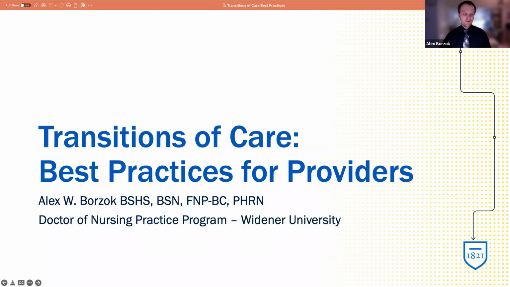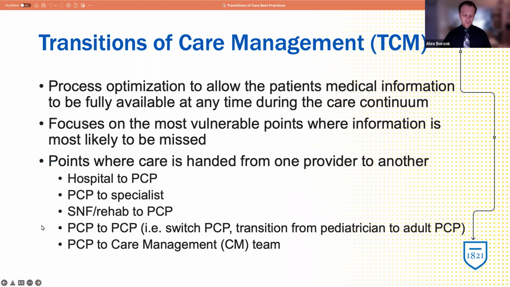So just to remind you of what the purpose behind a transitions of care program is, and that is really predominantly to optimize the process flow for patients' medical information to follow the patient wherever they go. And we're looking at different points within that continuum of care that are most vulnerable, where information can be lost or fall through the cracks.